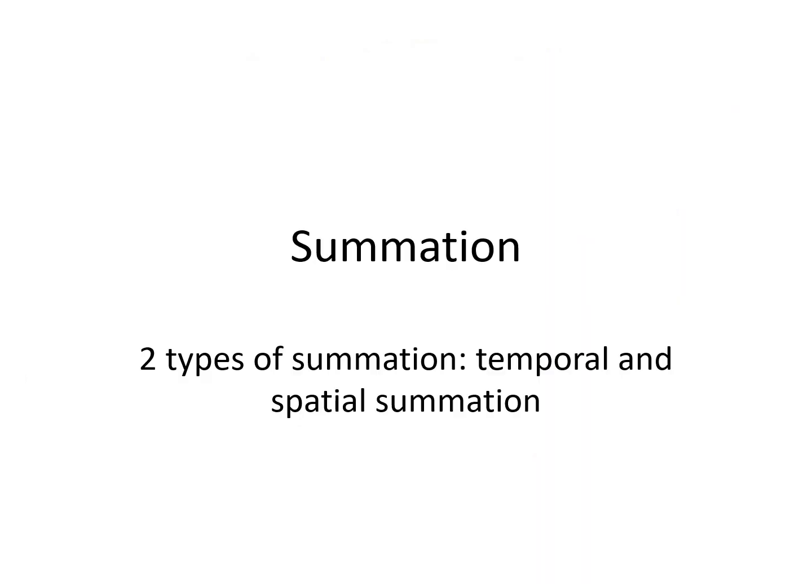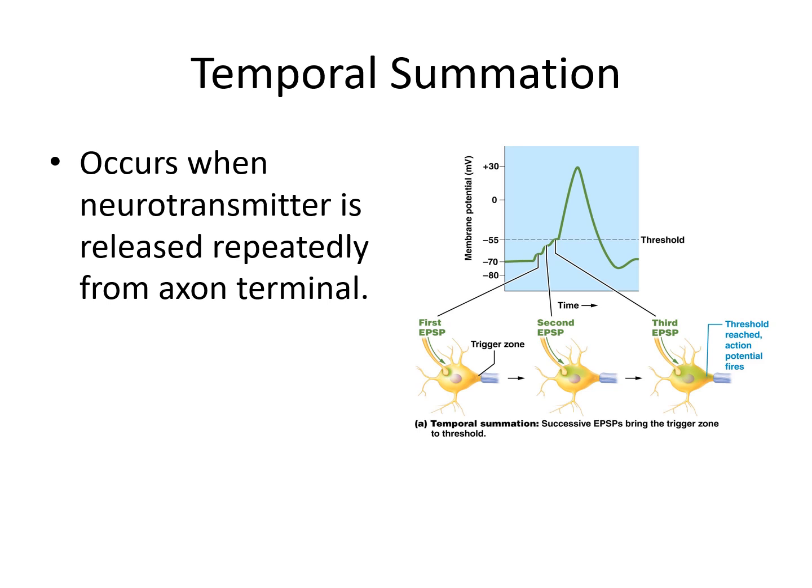But there are 2 types of summation, temporal and spatial summation. Let's look at temporal summation. This occurs when the neurotransmitter is released repeatedly from an axon terminal. Here we have a presynaptic neuron affecting a postsynaptic neuron, and here it releases neurotransmitter repeatedly.